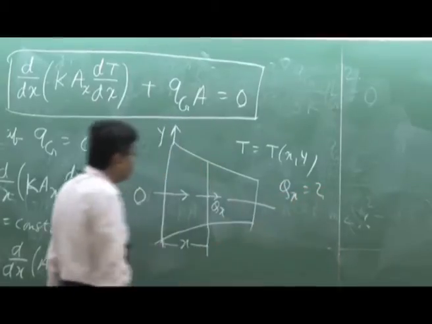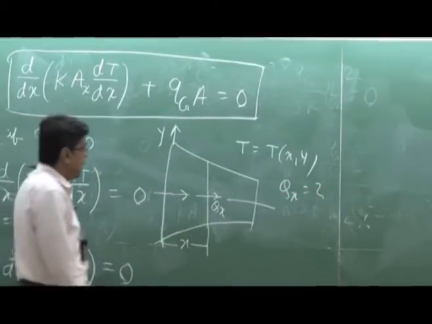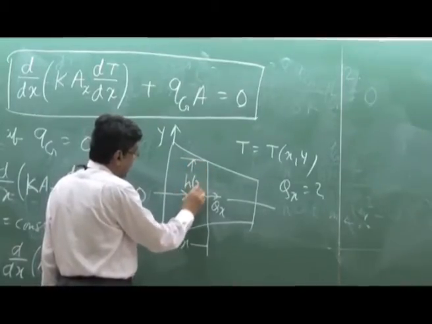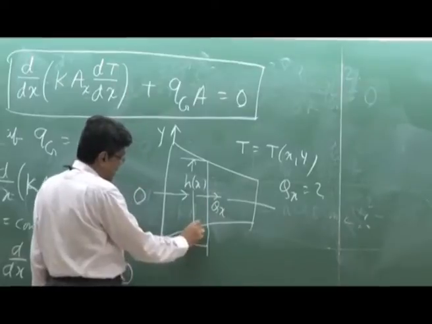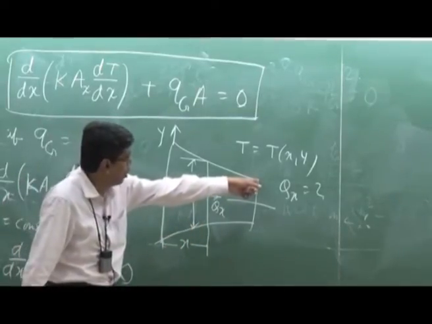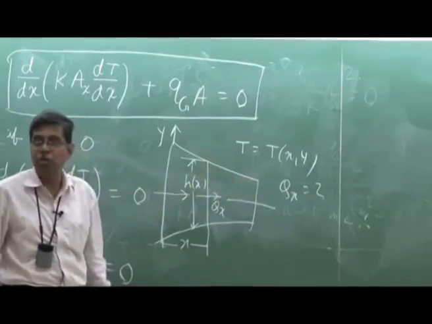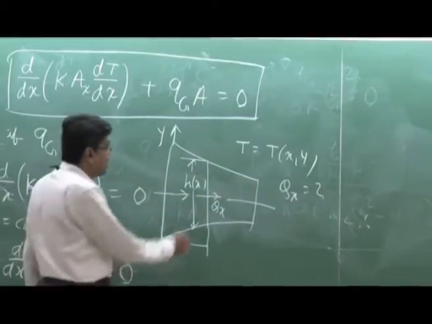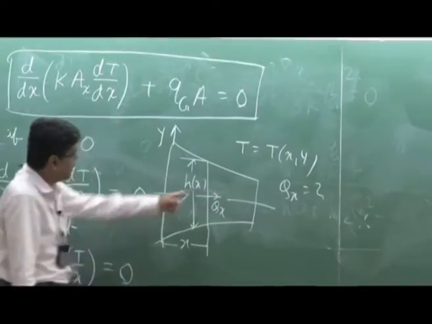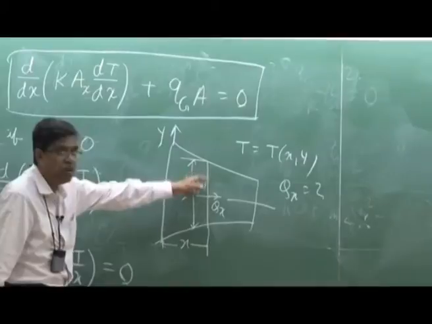Then what I do, let me consider this is h, the height at that section, and we consider a unit width of the rod perpendicular to the board. Now since T is varying with y, dT/dx will change from y to y.